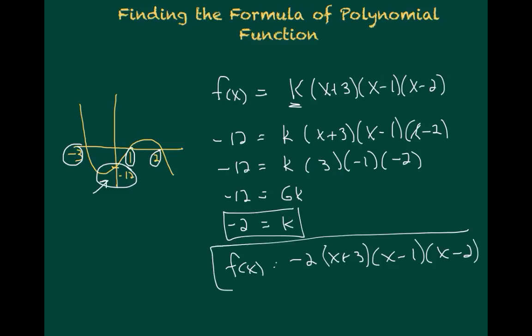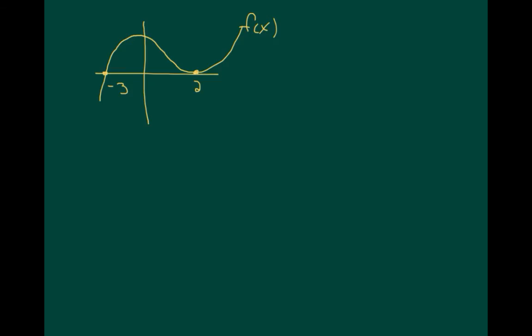All right, let's take a look at one more example involving something called double roots. A double root occurs when a function touches the x-axis but does not cross it. So here we have a function, and let's assume that it only has these two dips. I know that it crosses at x equals -3.